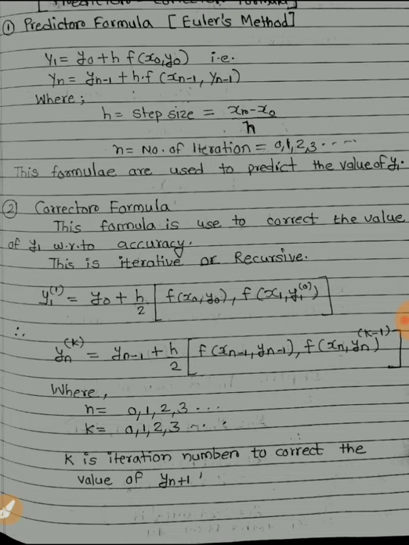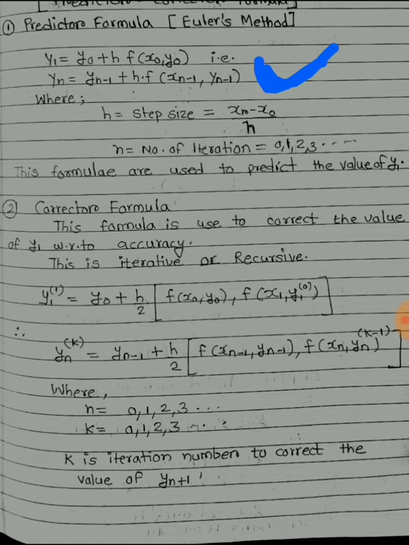When you have predicted some value of y, no doubt the value of y is dependent on the value of x. That you also need to remember. The value of y is dependent on the value of x, which is shown here with the help of this equation.